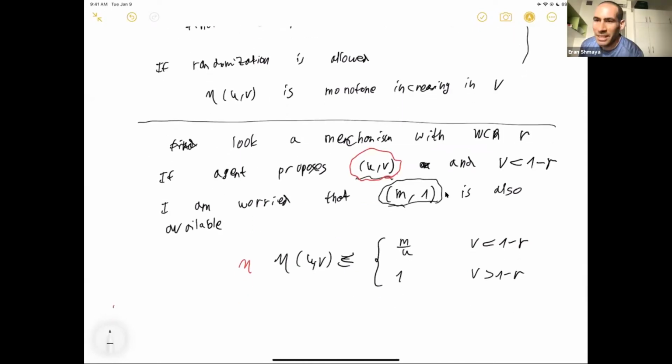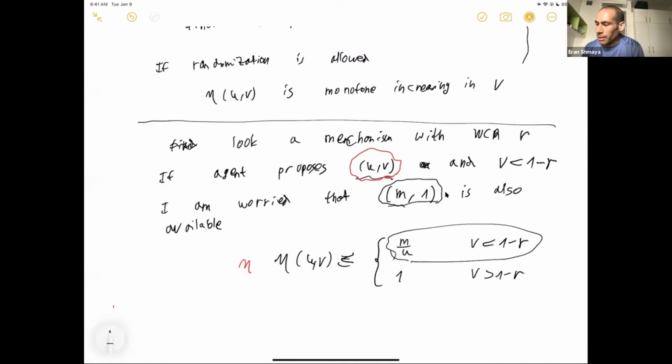Well, maybe that's it. Maybe for every R we can create this mechanism and get a mechanism with worst case regret R. Of course not, because we have the other problem: now these projects we accept with maybe too low probability.